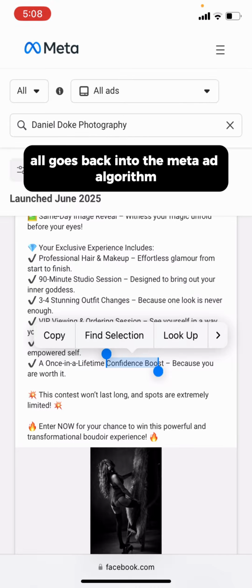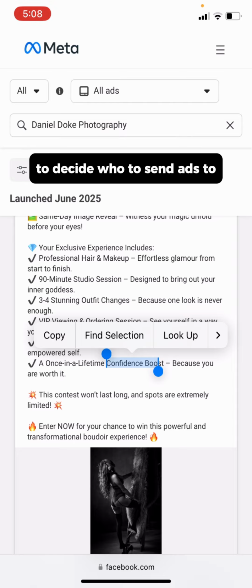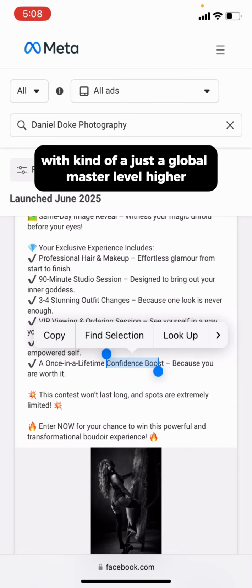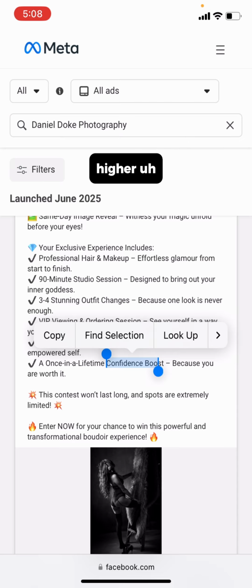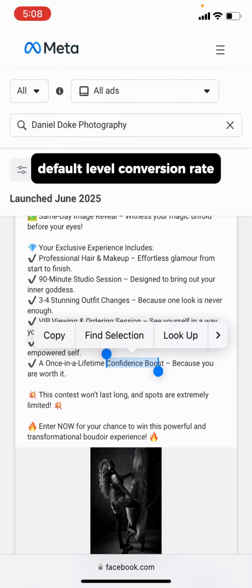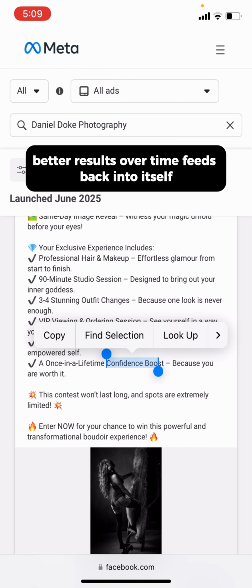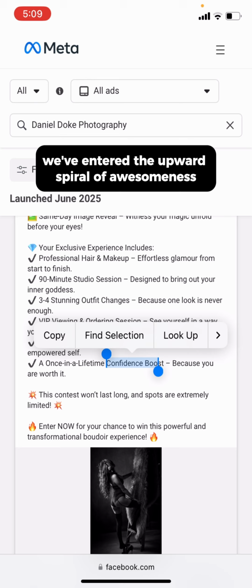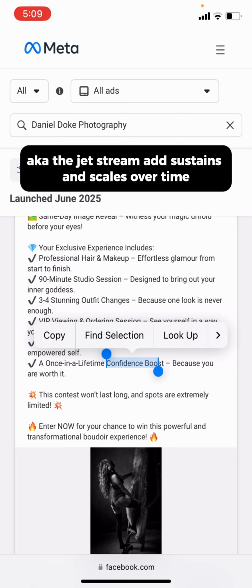All goes back into the Meta ad algorithm to decide who to send our ads to for tranche 2. And we unlock higher tier, higher quality Meta profiles with a global master level, higher default conversion rate, which results in the same ad spend, better results over time, feeding back into itself, back into itself, back into itself. We've entered the upward spiral of awesomeness, aka the jet stream. The ad sustains and scales over time.